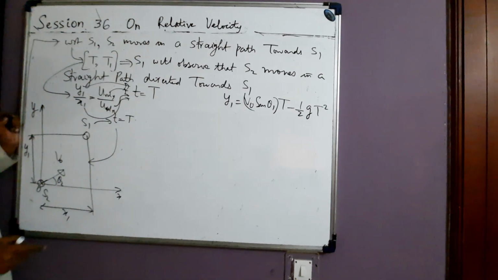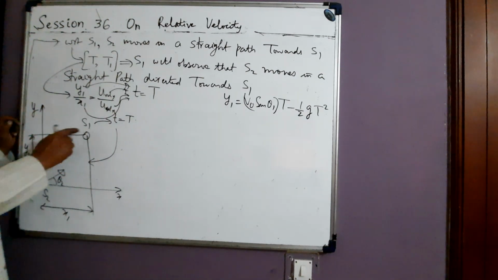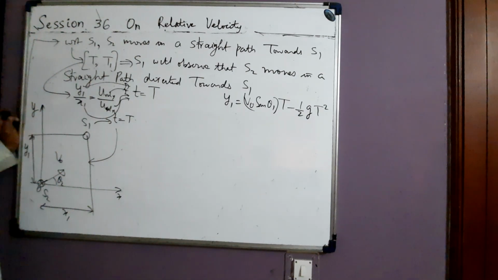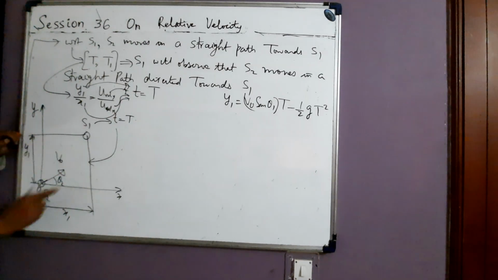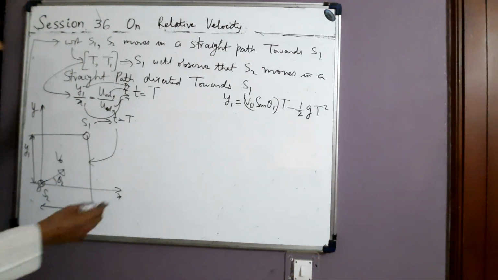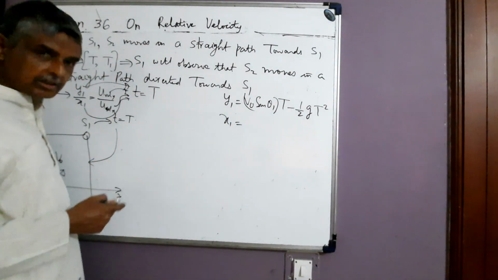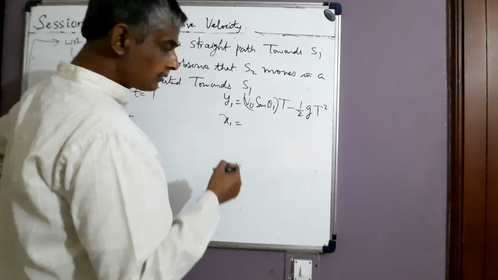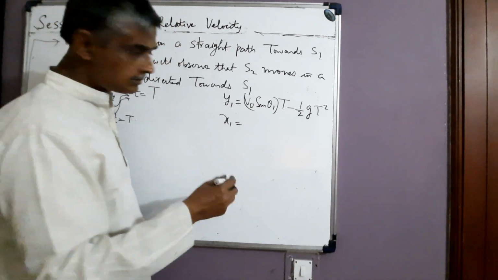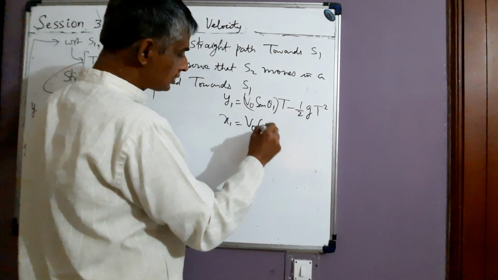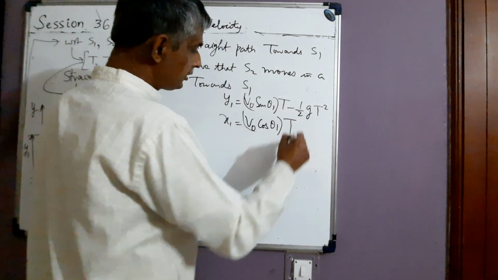What is x1? x1 is the horizontal separation between these two shells at t equal to capital T, or it is the horizontal displacement of S1 with respect to ground in 0 to capital T. That is again constant because the horizontal speed of S1 is constant in projectile motion. So x1 will be speed into time, speed along the x-axis, that is v0 cos theta 1 into T.